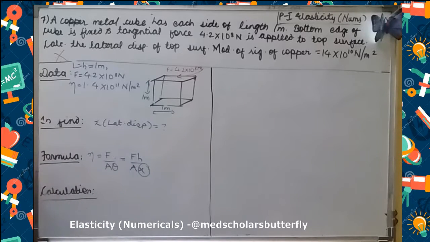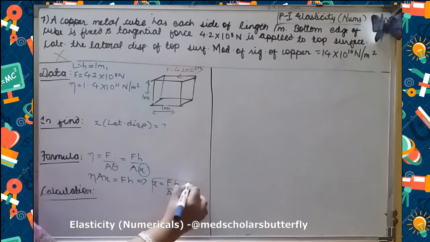So keep this and transfer the rest. So this will be eta A x is equals to F h. That means x is equals to F h upon A eta. This is our original formula.